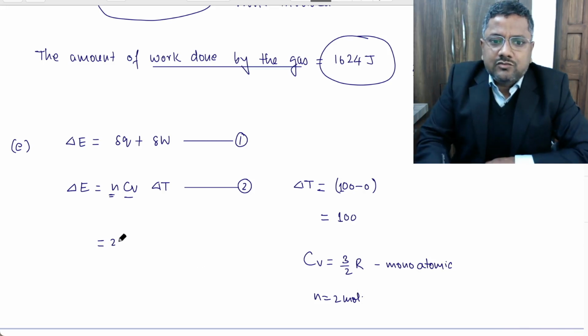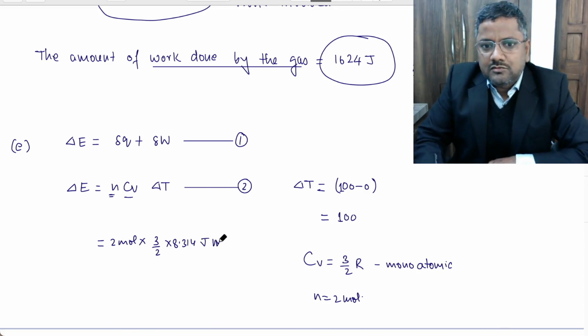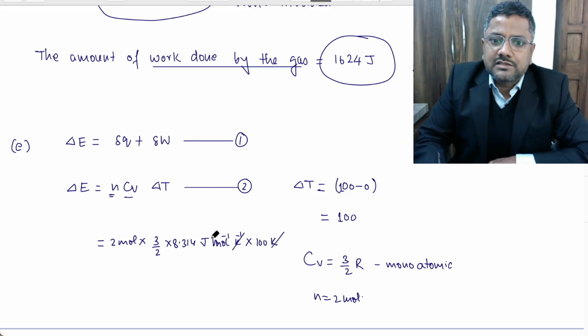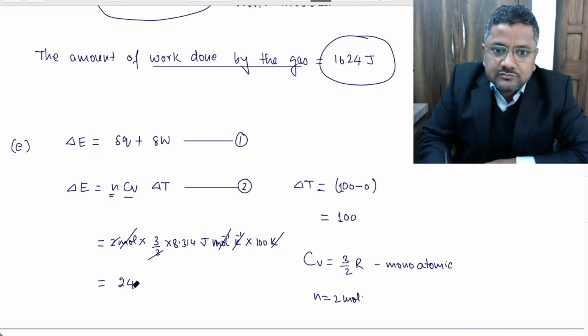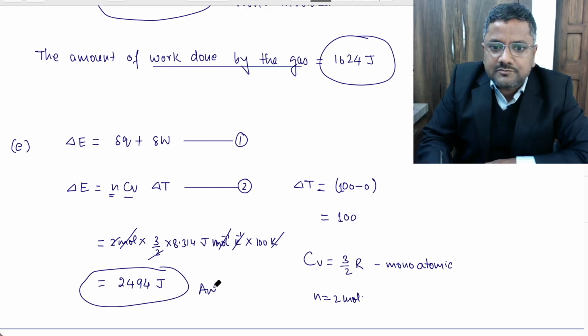Delta E is equal to 2 moles multiplied by 3 by 2, R is 8.314 joules per mole per Kelvin, and this delta T is 100 Kelvin, right? So this cancels, this also cancels, and you will get 2494 joules. So this is the answer.